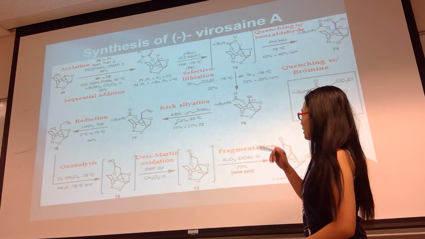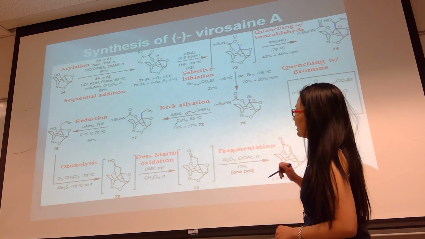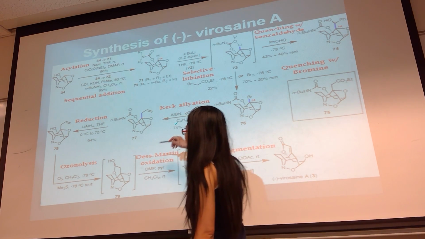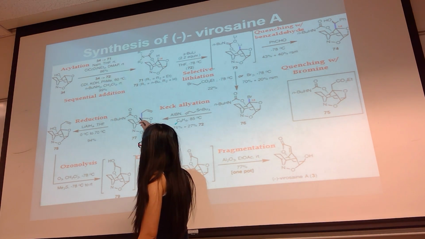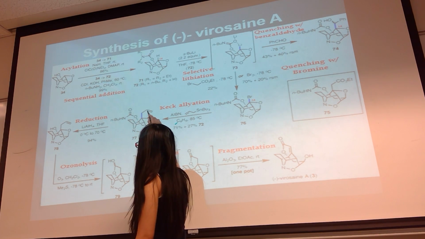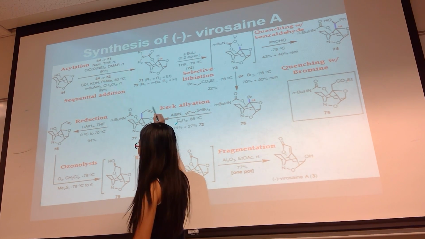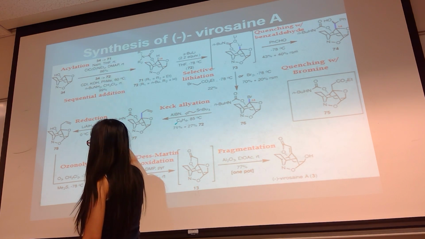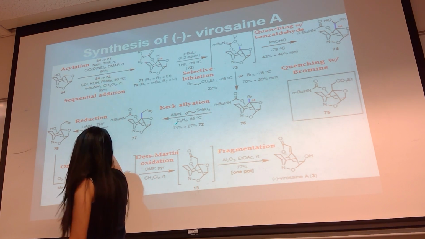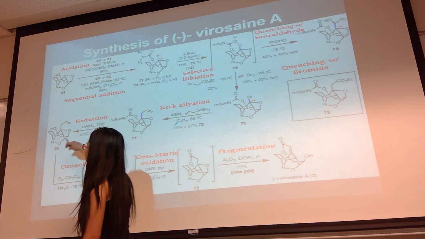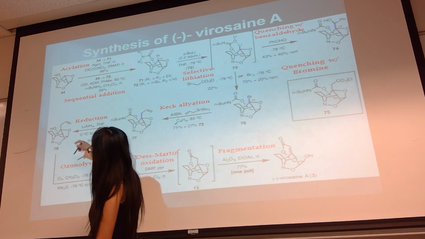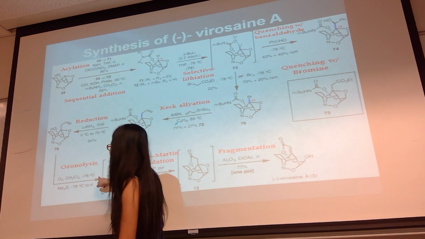I'm going to finish the rest of the reactions of the scheme. So at the Keck allylation, we got the molecule with this ester group and this triple bond here. This molecule went through a reaction with LAH to reduce the ester to an alcohol here. After that, this molecule goes to the ozonolysis.